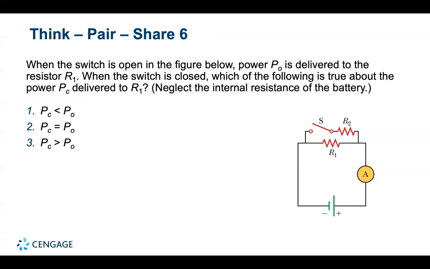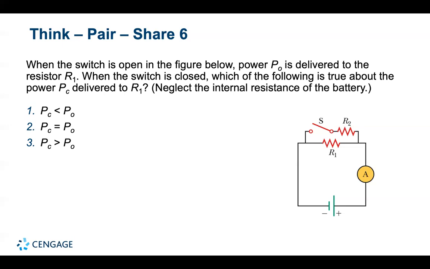When the switch is open, as in the figure below, power PO is delivered to the resistor R1. When the switch is closed, which of the following is true about the power PC delivered to R1? And the answer is PC equals PO. Observe that the potential difference across R1 equals the terminal potential difference of the battery.